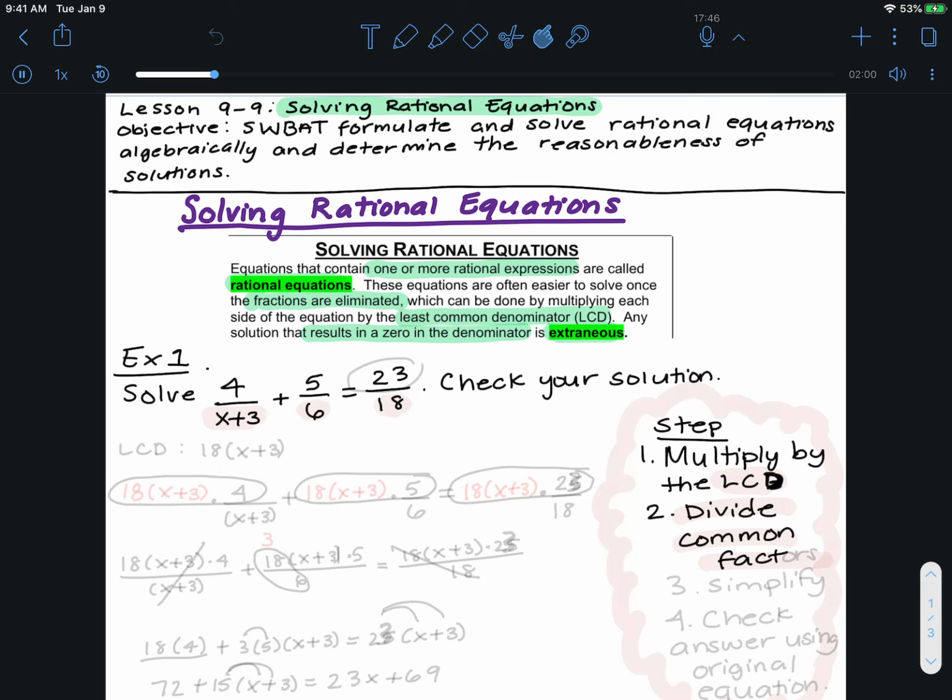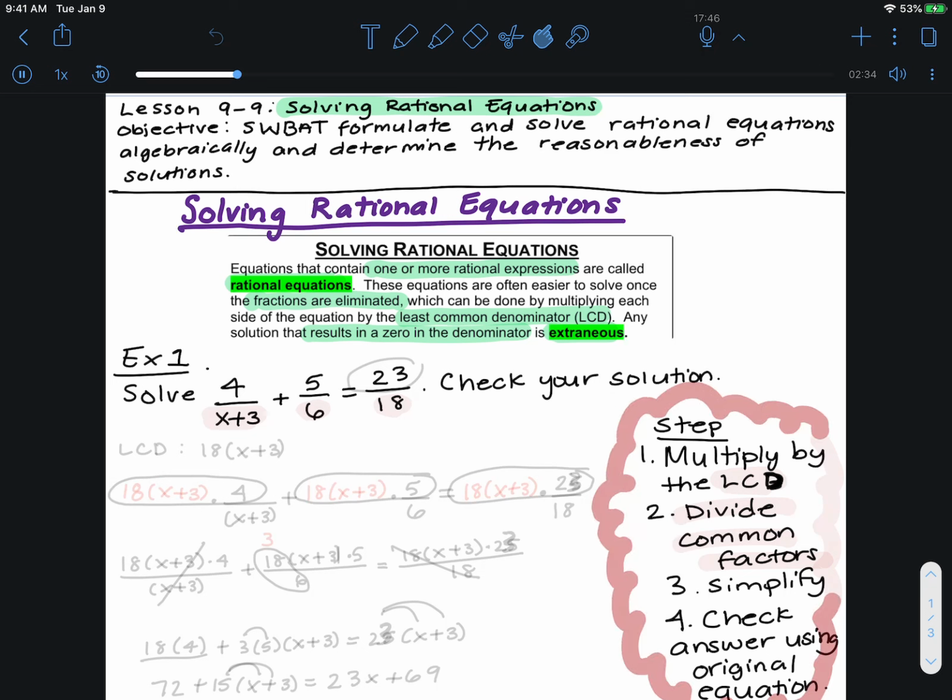Then we just simplify. And our last and final step would be to check our answer using the original equation. So that will be our steps for this.